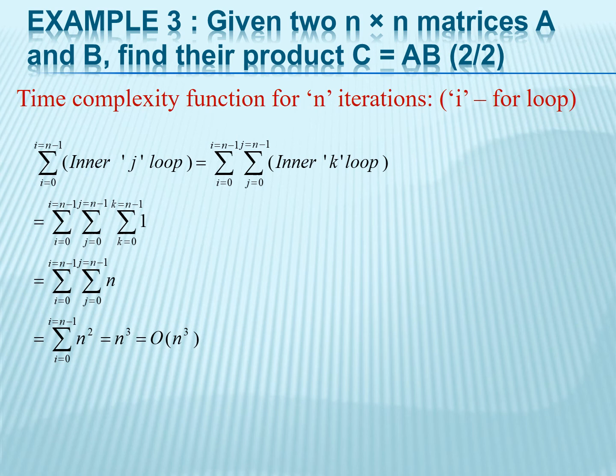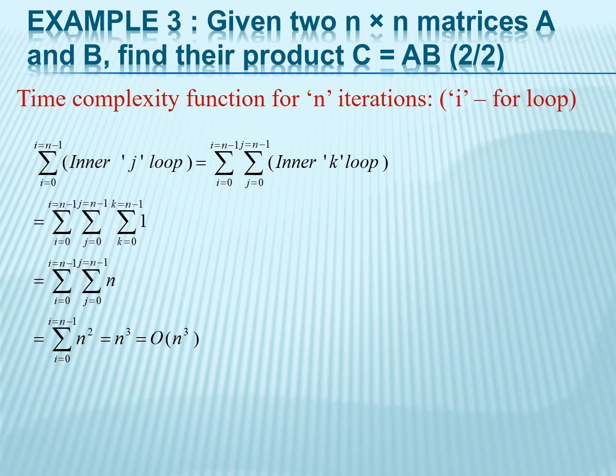It is represented in sigma notation as sigma I equals 0 to n minus 1 of the inner J for loop. To find the time complexity function of the inner J for loop, we use again the sigma notation as sigma j equals 0 to n minus 1 of the inner K for loop.